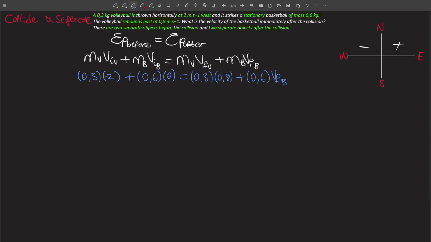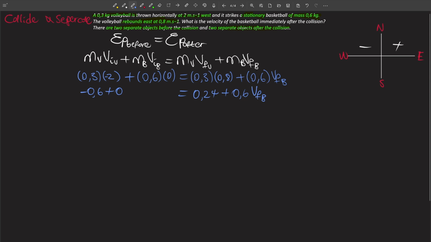So this will give me a minus 0.6 plus 0, which will be equivalent to 0.24 plus 0.6 final velocity of the basketball.